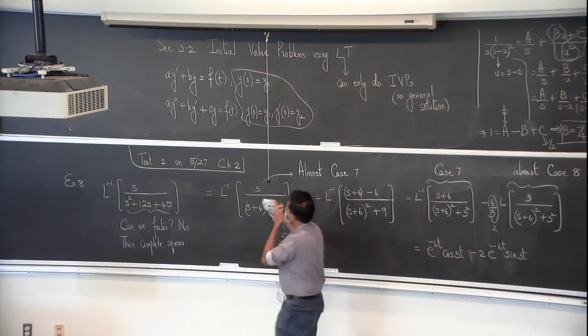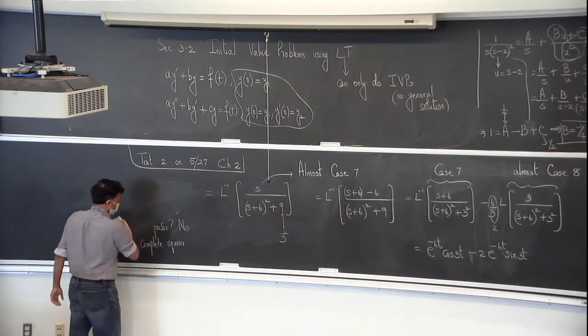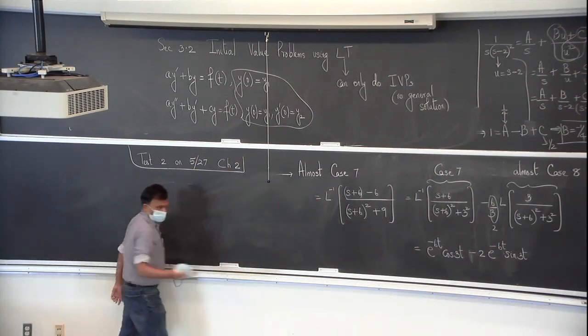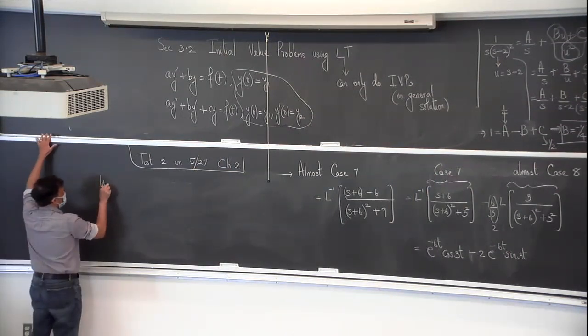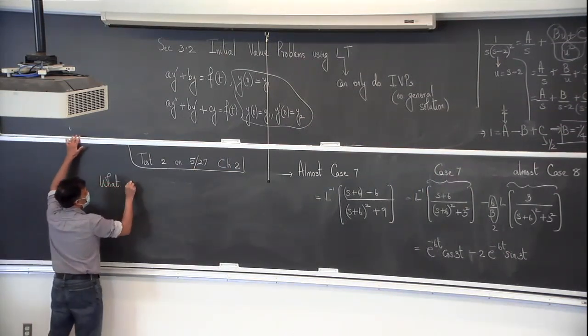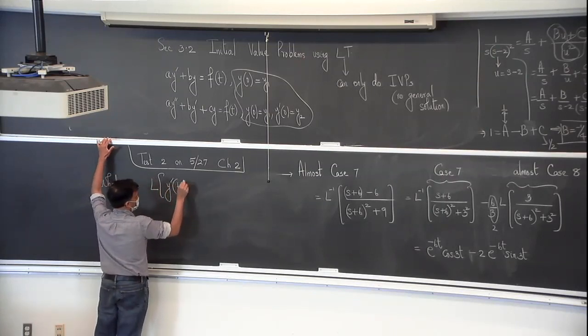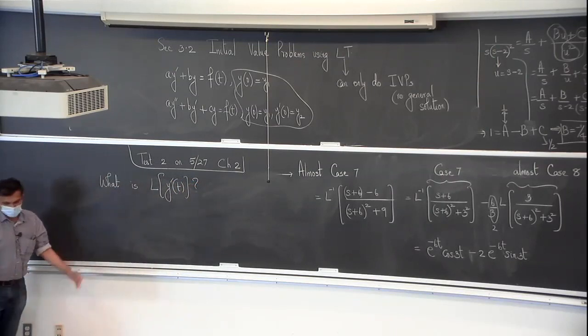All right. So the question is then, what is the Laplace transform for these derivatives, y prime and y double prime? Well, it's in the table, but it's nice to know how to get those things first. Okay. So what is the Laplace transform of y prime of t? And y prime is the first derivative of y with respect to t.